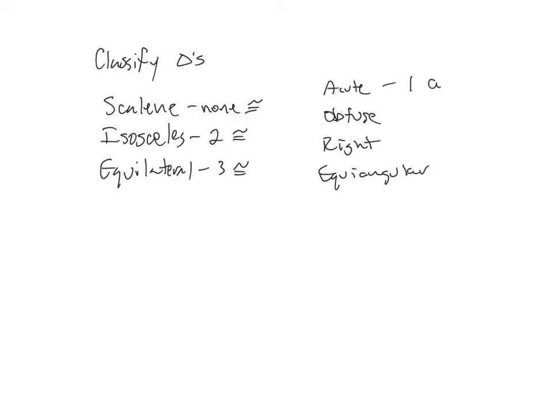So an acute triangle will have all acute angles. Obtuse will only have one obtuse angle. A right will have one right angle. And equiangular will have all congruent. Okay, so you'll have one of those.